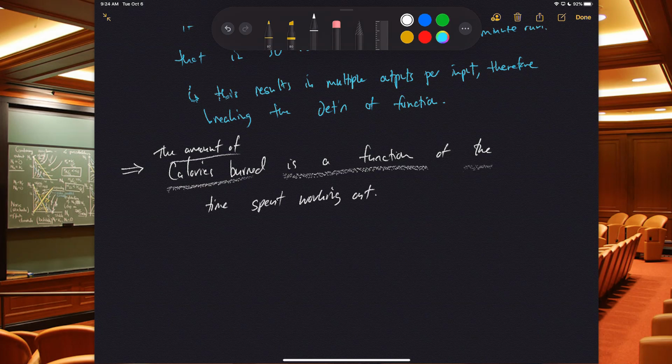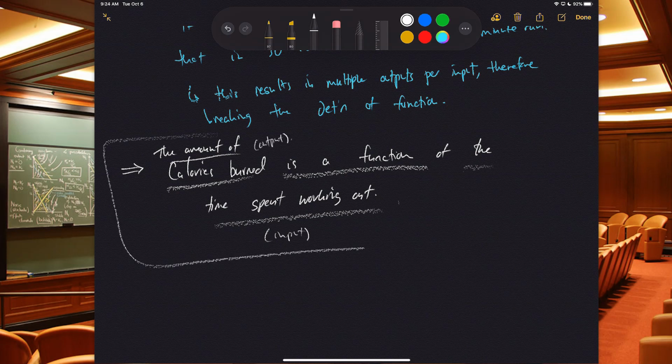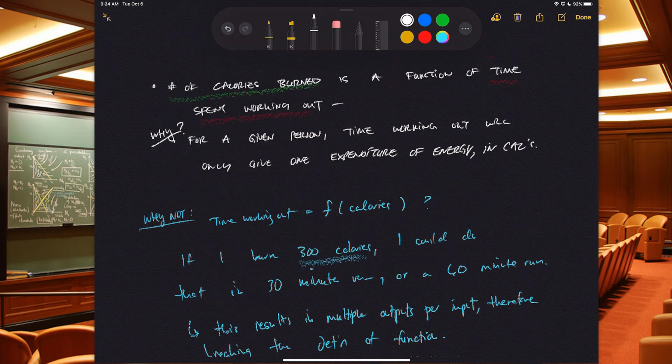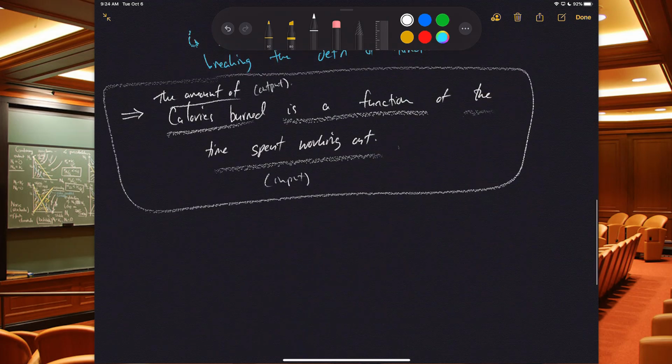Is a function of the time spent working out. Right, here's my input, and here's my output. Output is a function of the input. So that's what we'd be looking for here, again with some sort of rationale for why this way and why not the other way around.